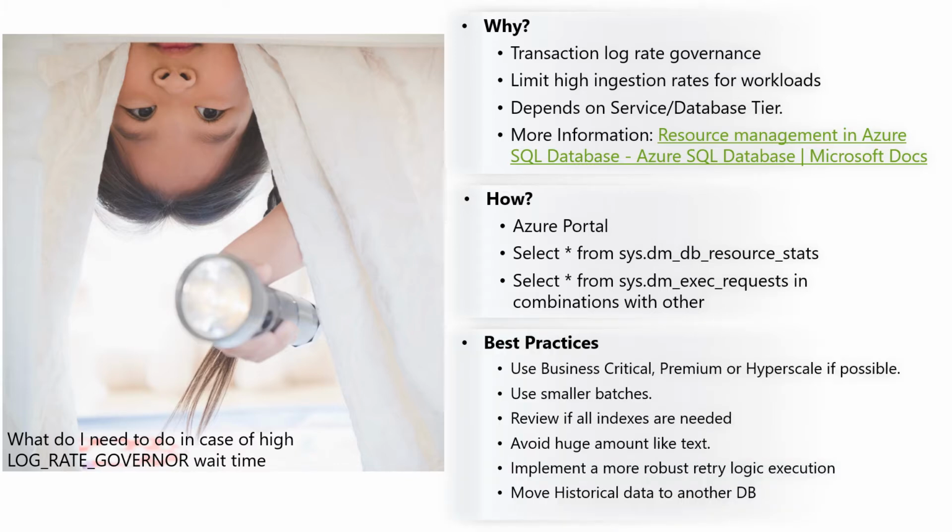What are the best practices? Well, you could reduce the batches. If you want to maintain the same level of database that you are using, reduce the size if you are inserting a huge amount of data like text, binary, max, etc. Also, if that is not possible, you could move your database to Business Critical, Premium, or Hyperscale, because you are going to reduce the latency of the storage and you are going to have more load rate.